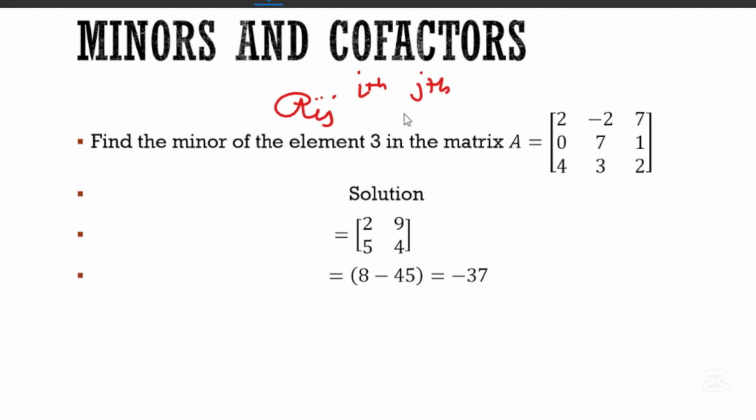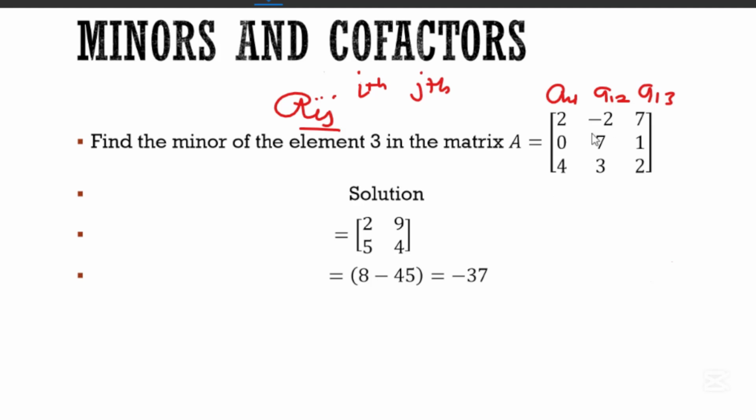So the minor of an element aij is the determinant that is obtained by deleting its ith row and jth column in which the element aij lies. For example, we have a 3 by 3 matrix: A11, A12, A13, as well as A21, A22, A23, in that order.